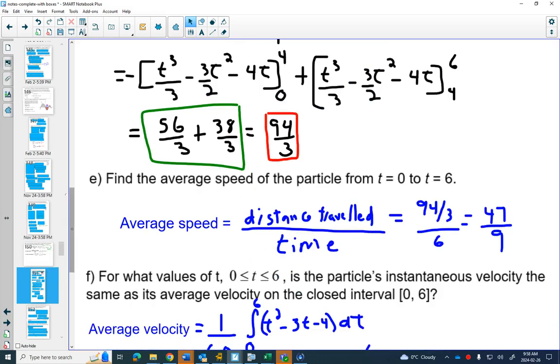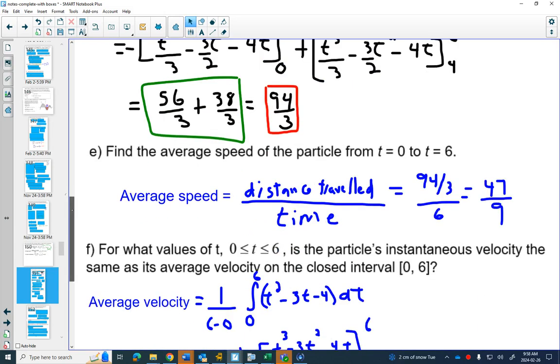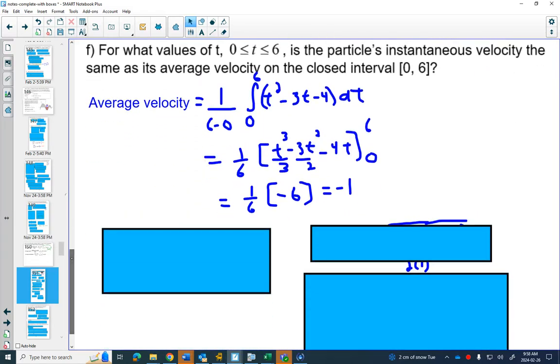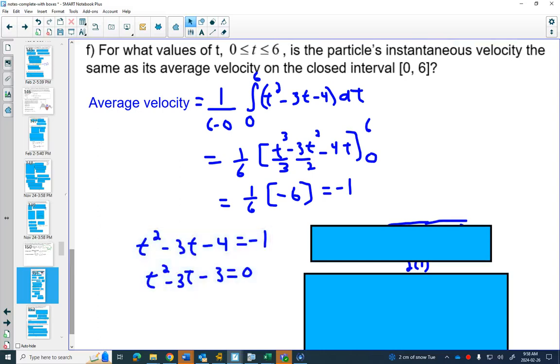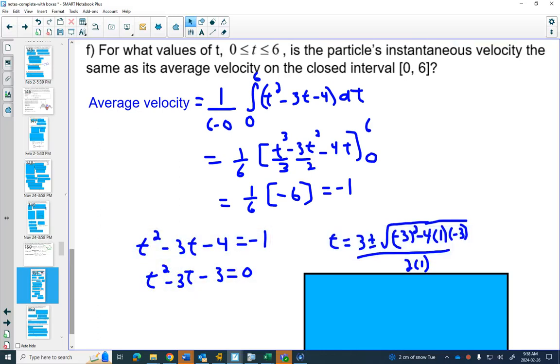And we need that average velocity to be equal to our instantaneous velocity. So here's our velocity, our instantaneous velocity. We set it equal to -1. We get an equation, which is a quadratic equation.